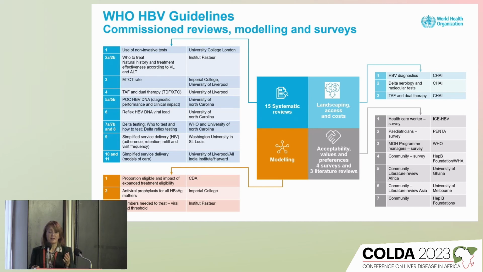So a complicated process. This shows all the work that's gone into these guidelines, more than 15 systematic reviews, multiple modeling activities, looking at the impact of changing eligibility criteria, and the same approach to looking at different strategies for giving antiviral prophylaxis, comprehensive landscaping of the drugs and the diagnostics, including the Delta diagnostics, and also some very important surveys that were undertaken by our partners, both ICER, Hep B, with the healthcare workers, World Hepatitis Alliance, Hep B Foundation, working on the community side in particular and the patient response.